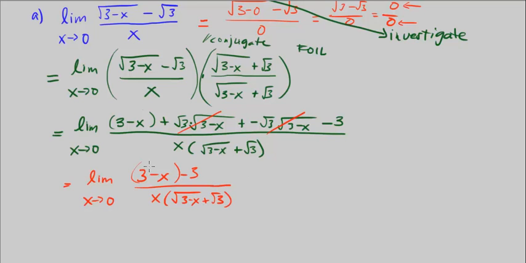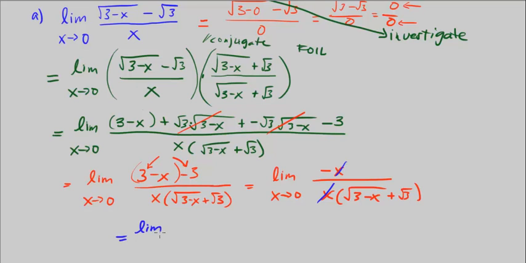The 3 and the negative 3 cancel, so that's the limit of negative x over x times the quantity square root of 3 minus x plus square root of 3. Now we can cancel out these x's, which is the cool thing about doing it this way. That's the limit as x approaches 0 of negative 1 over square root of 3 minus x plus square root of 3.